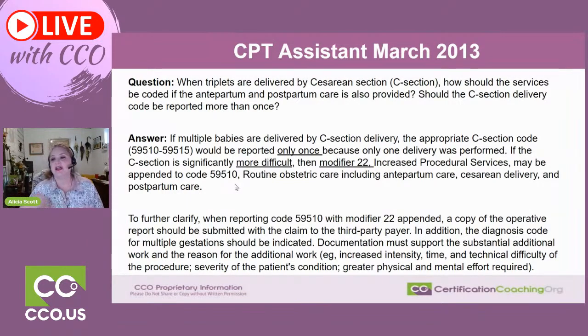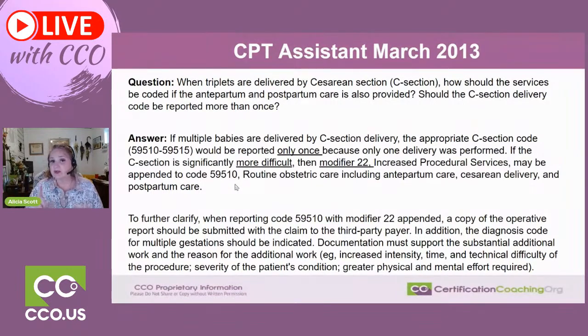Now, there are other situations that can make it more complicated, and they go on to address that. They said, because again, we're only doing one delivery, but if the C-section is significantly more difficult, which it could be with multiples, I would see why it would be, then modifier 22, increased procedural services, could be used with the routine obstetric care, the antepartum, cesarean, and postpartum care.